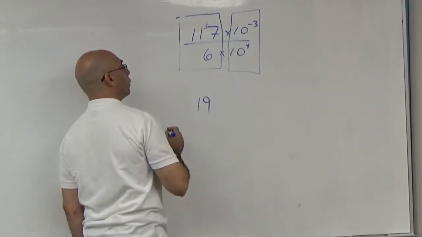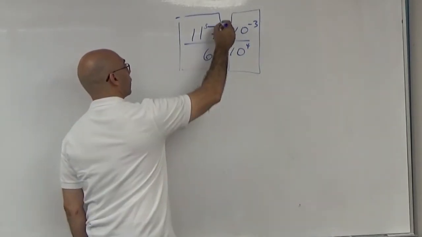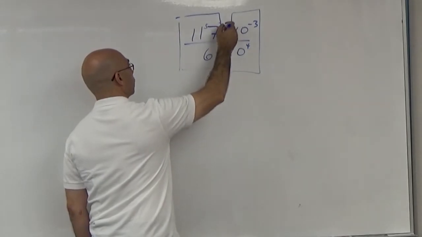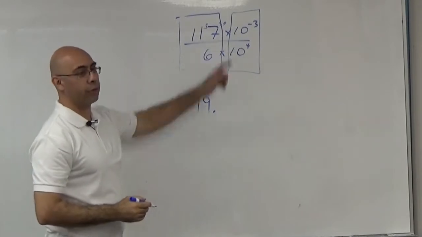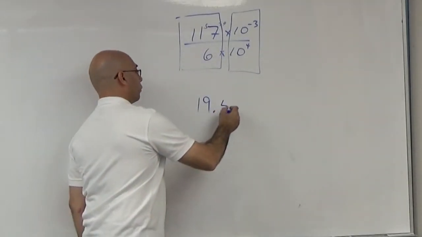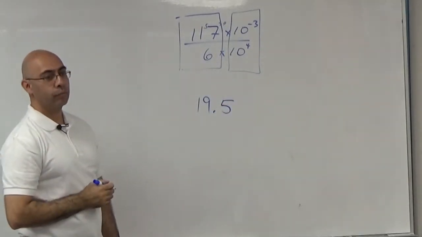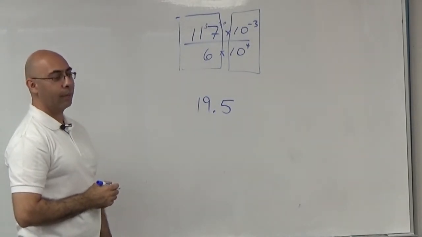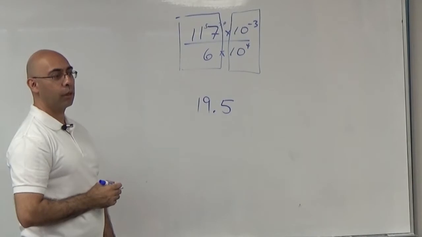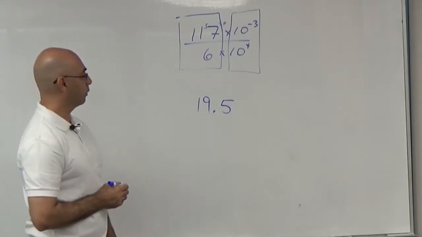How much left over? 3. Let's add a decimal and a 0. How many times does 6 go into 30? 0.5. So 117 divided by 6 is 19.5. I'm not going to go over the long division part because you're all in 8th grade now. You should know how to do that.